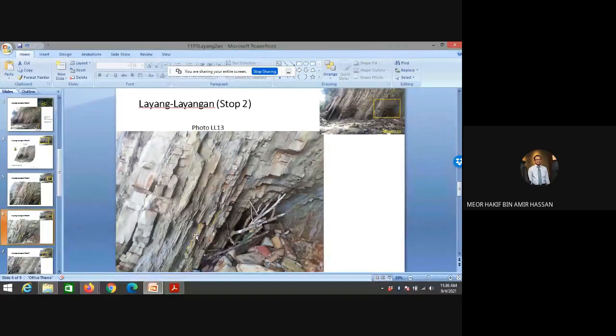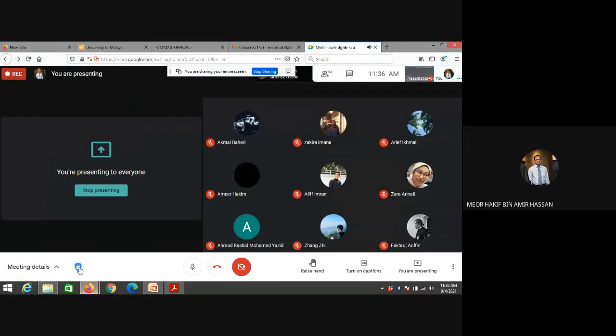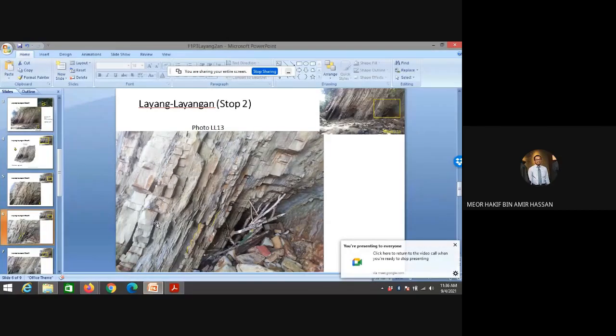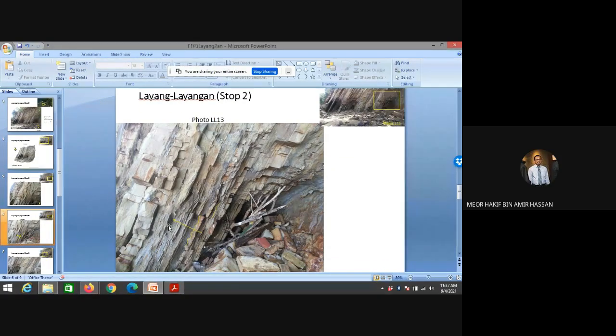Let's say if I have ripples, the crest, everyone remembers ripples, right? Yes, Doctor. Okay. So the ripple crest is always pointing towards the top. So you can use ripples also. So in this case, the crest is that way again. So that is the younging direction. So you can use ripples.